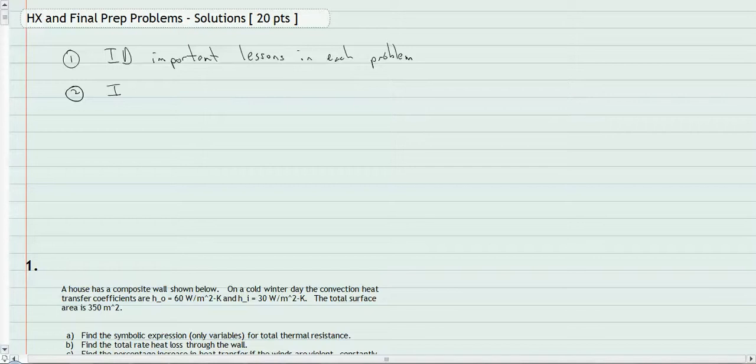And I want to also identify key equations I expect you to know. I think there were some legitimate concerns expressed about that, and let me try to hit those concerns head on.